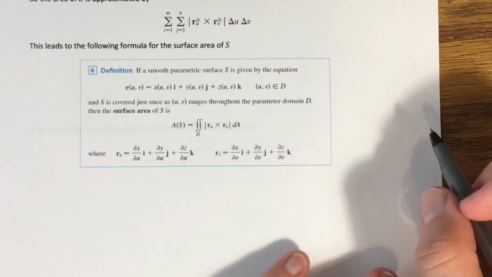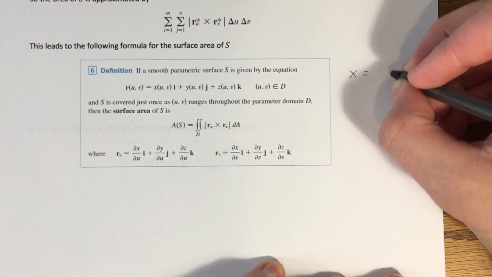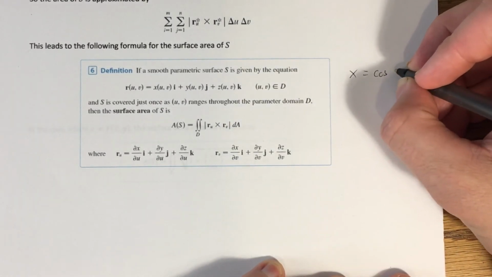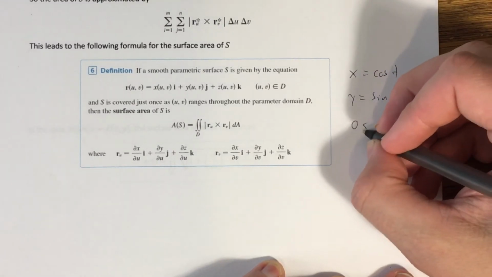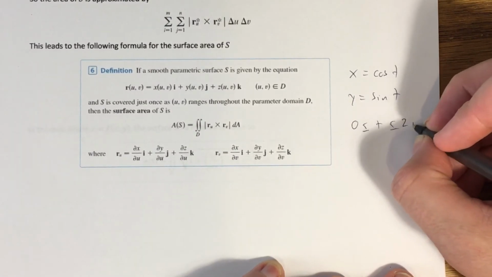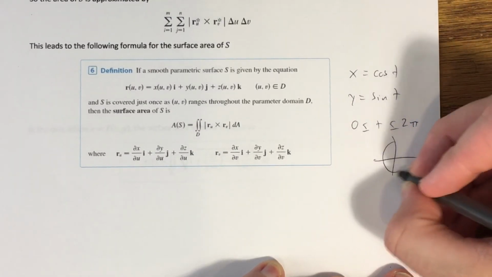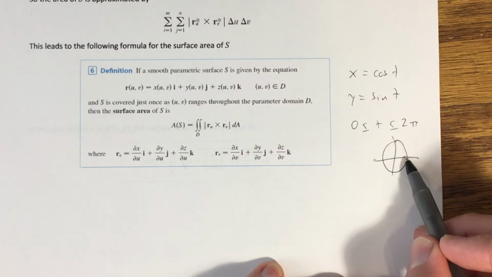For example, if you look at the parametrization for a unit circle, x equals cosine of t, y equals sine of t. Normally we let the interval that we define t in be 0 to 2 pi. Well, that means the parametrization would traverse this curve exactly one time.